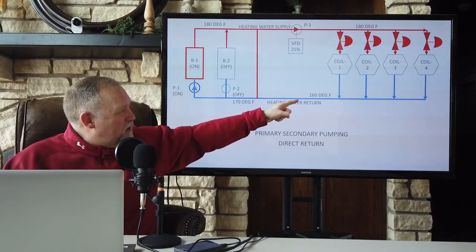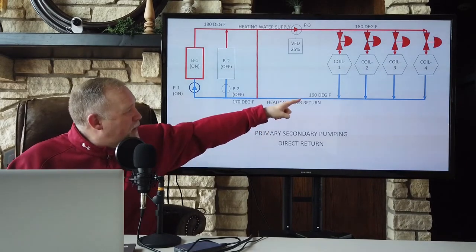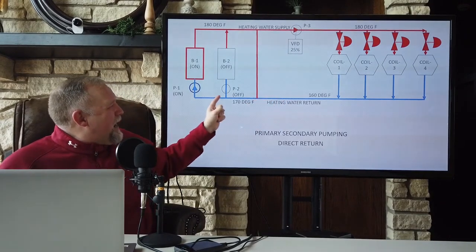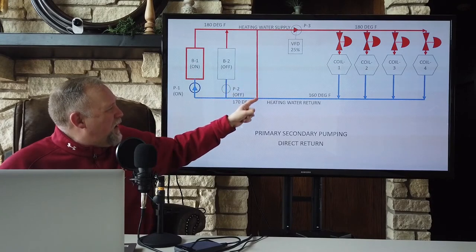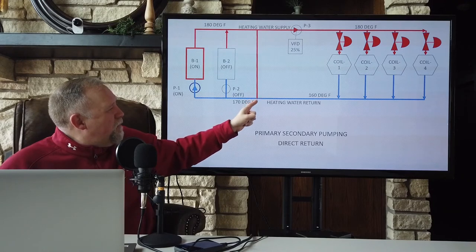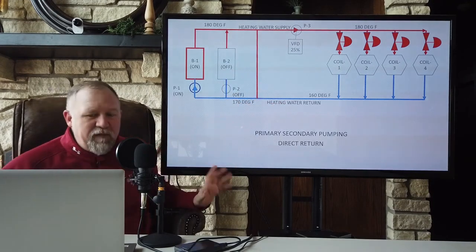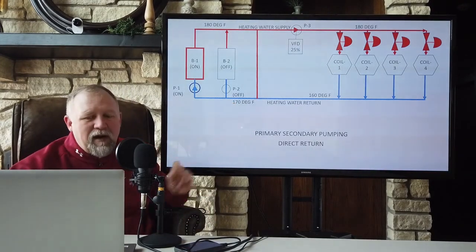In our example, I'm using a 20 degree delta T, so it has been cooled down to 160 degrees. When it comes back to the boiler plant, this is at 160, this is still at 180. If these flow rates are still the same, they're going to mix, 160 with 180 in a 50-50 mix, and we're going to get 170 degrees Fahrenheit back here.